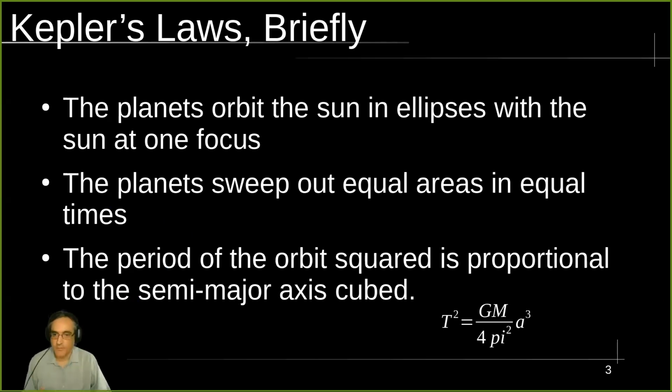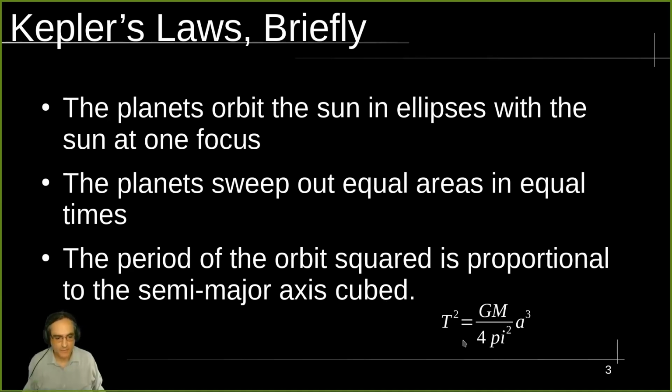I also wanted to remind you about Kepler's laws because, at least for the two-body problem, they are generally applicable. Kepler's laws: the planets orbit a sun in ellipses with the sun at one focus. The planets sweep out equal areas in equal times, and the period of the orbit squared is proportional to the semi-major axis cubed.